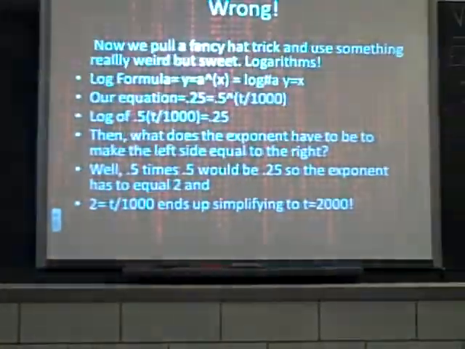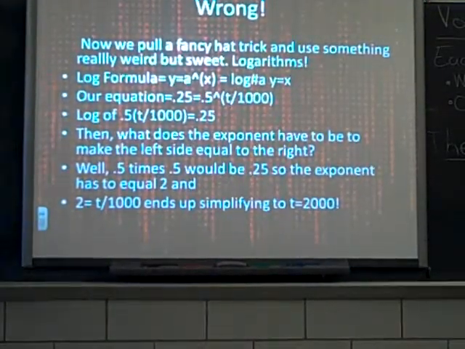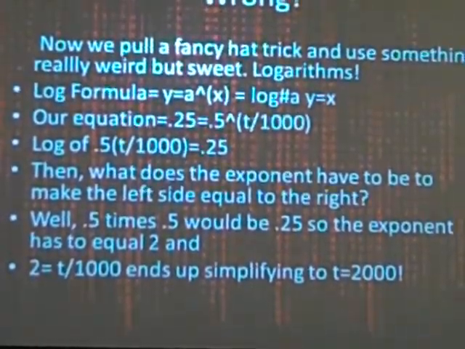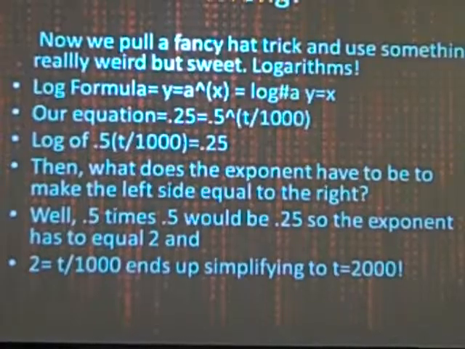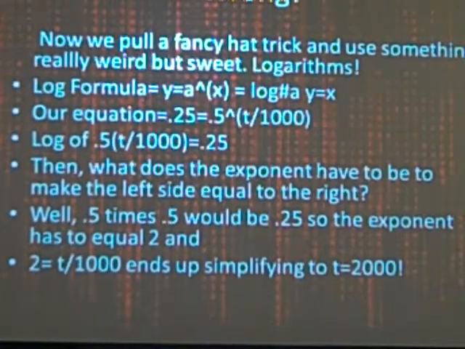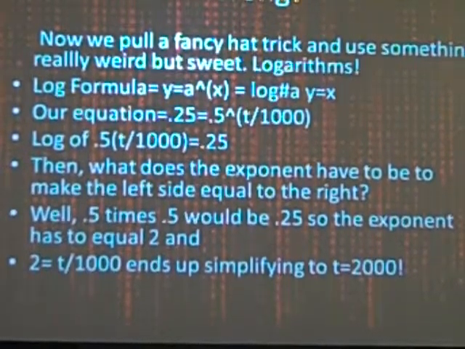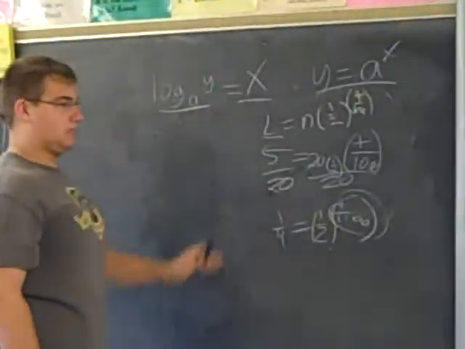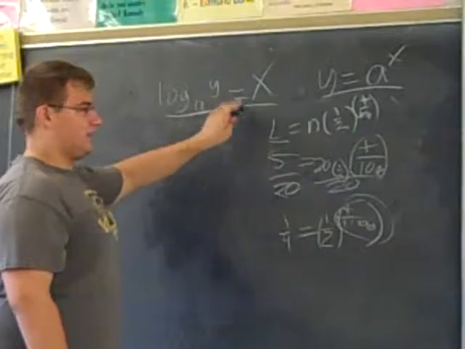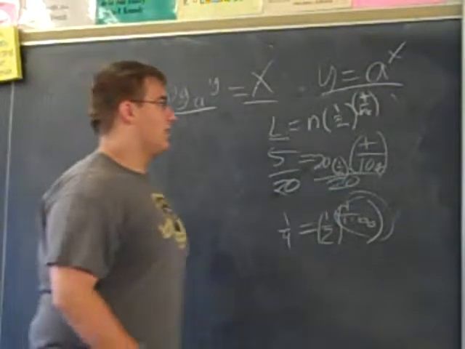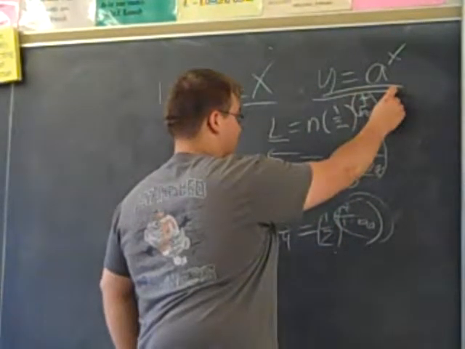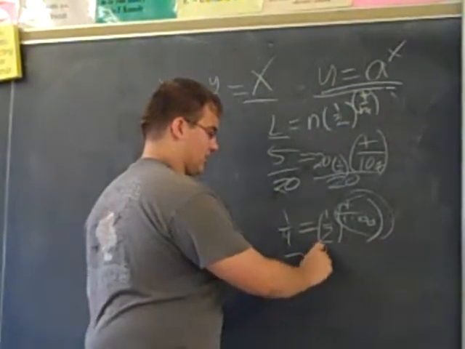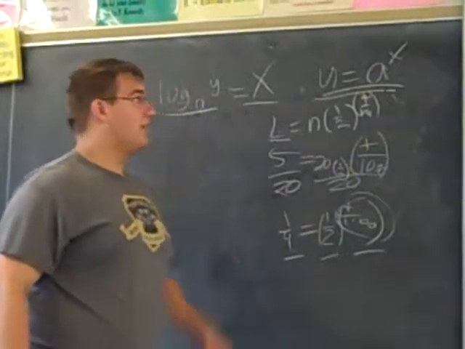So, we're going to pull out a fancy trick that you might have heard of. It's called a logarithm. And the logarithmic formula is log base a of y equals x. That is representative of y equals a to the x, which, hey, that's what we have here, right?